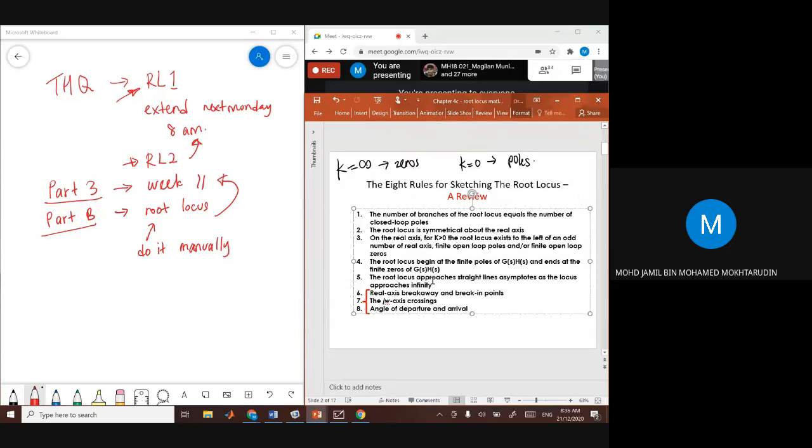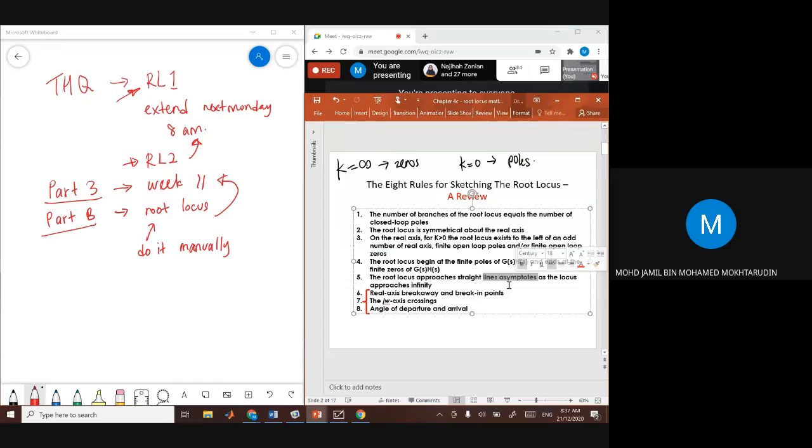And then rule 5, the root locus approaches a straight line asymptote. So sometimes a root locus has an asymptote, sometimes no asymptote. Okay. And then number 6, we need to find the breakaway and break-in points. And sometimes there are no breakaway or break-in points for your root locus.